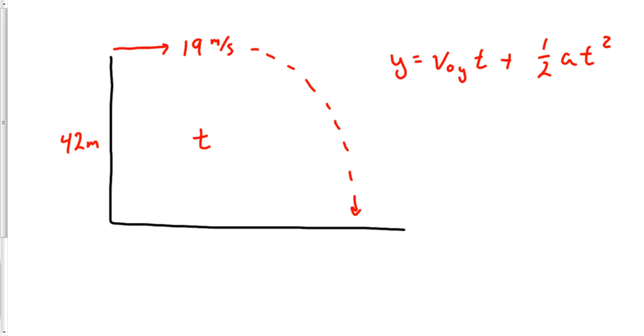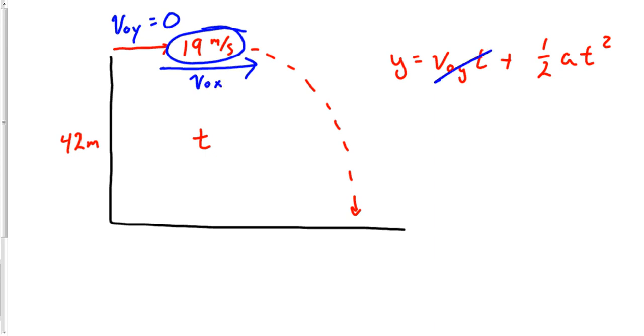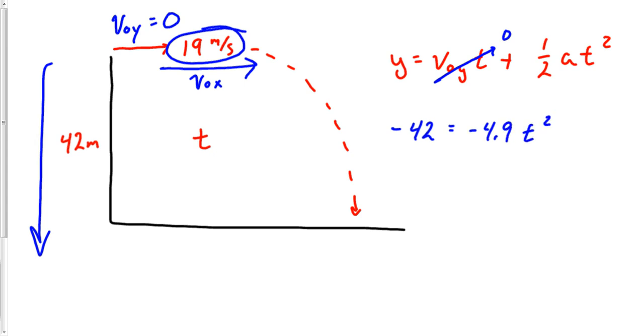And in the case of this problem, V0y is 0 because the 19 is horizontal. That's a V0x. So if V0y is 0, that term is out, which means the object falls 42 meters. So negative 42 equals negative 4.9, half of negative 9.8, t squared.